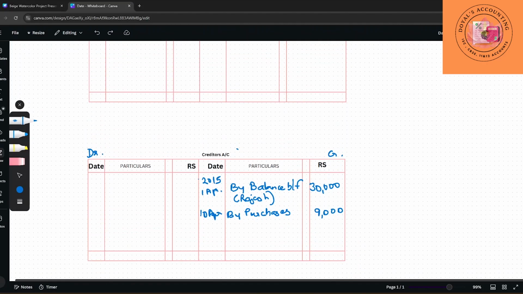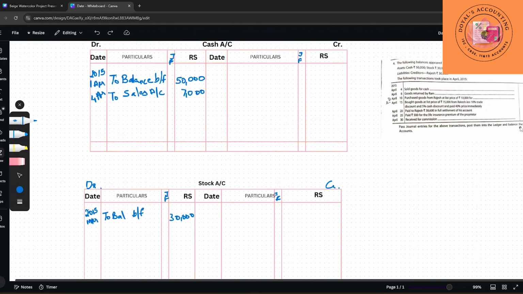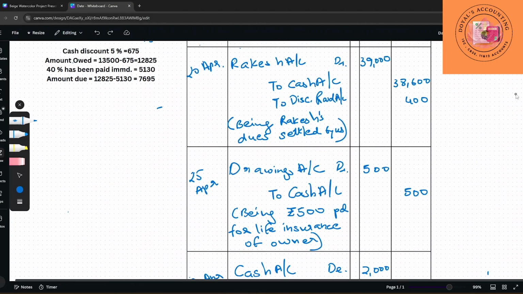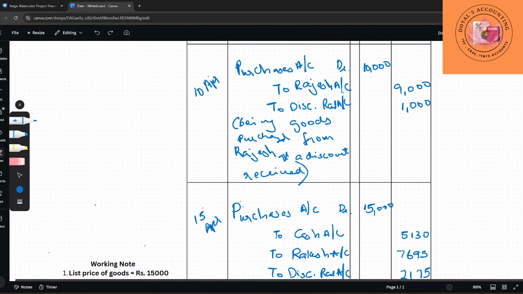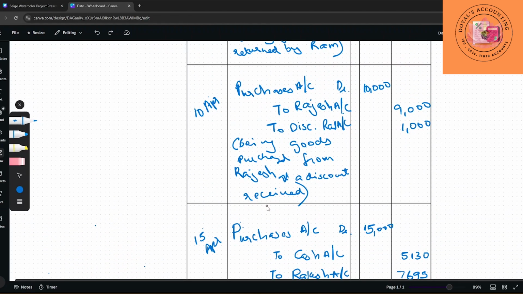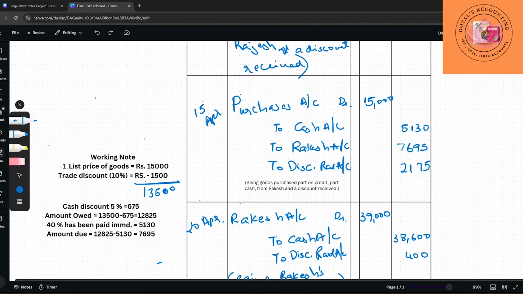So like this, however many accounts are dealt with in a particular journal entry, that many ledger accounts will be opened.